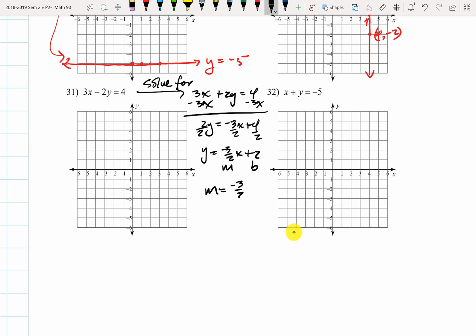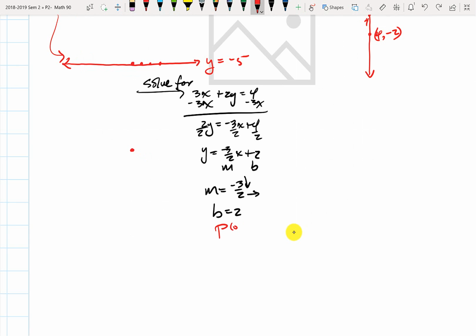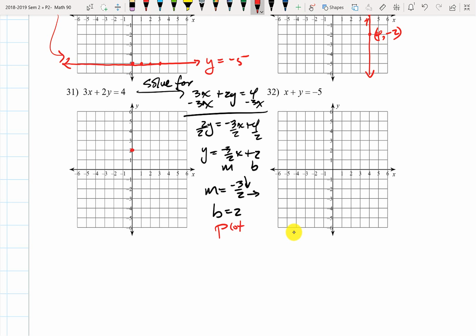Now when you have a slope of negative 3 halves, it's down 3, right 2, starting at 2. Okay, so you start at 2 on the y-axis. Plot the y-intercept first. Okay, 0, 2. And then go down 3, right 2 using your slope here.